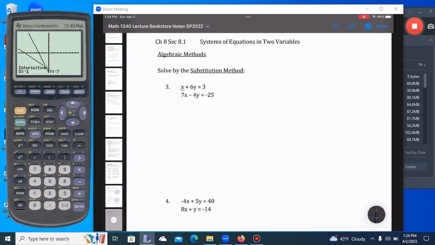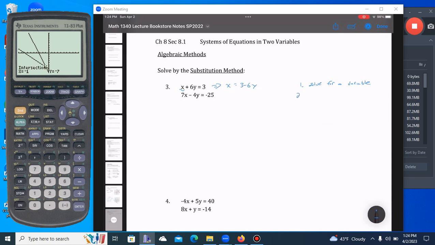Okay, so that's the first step, is solve for a variable. Doesn't matter which one, it could be x or y, but we'll solve one of the equations for a variable. We'll have x equals 3 minus 6y.